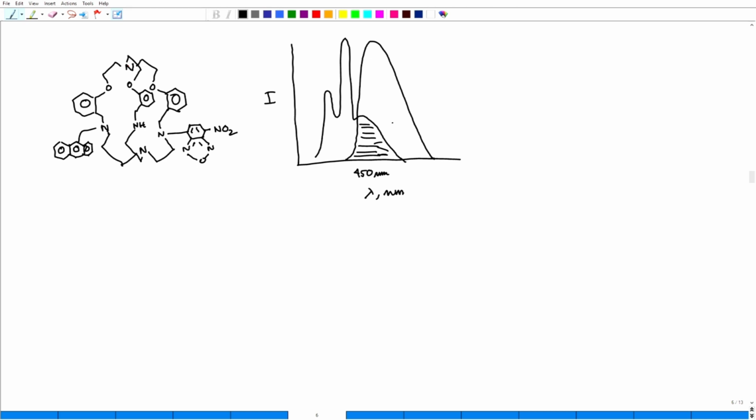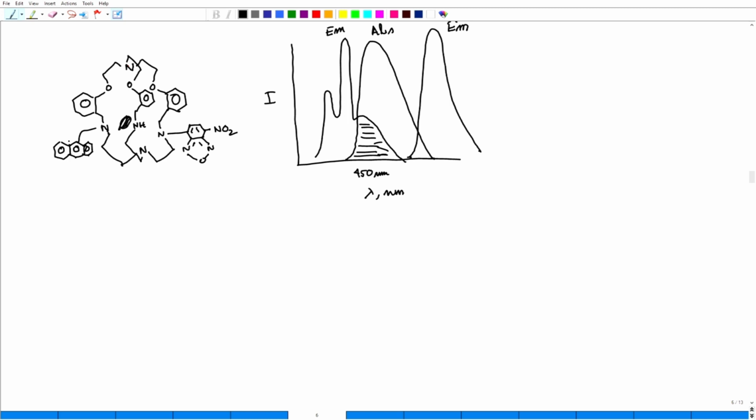what will happen? This is emission, this is absorption of diazo, and absorption of the dye will come somewhere here, and emission of diazo is here, because emission always comes at longer wavelength. So, what will happen if I put a metal ion here, say copper 2?